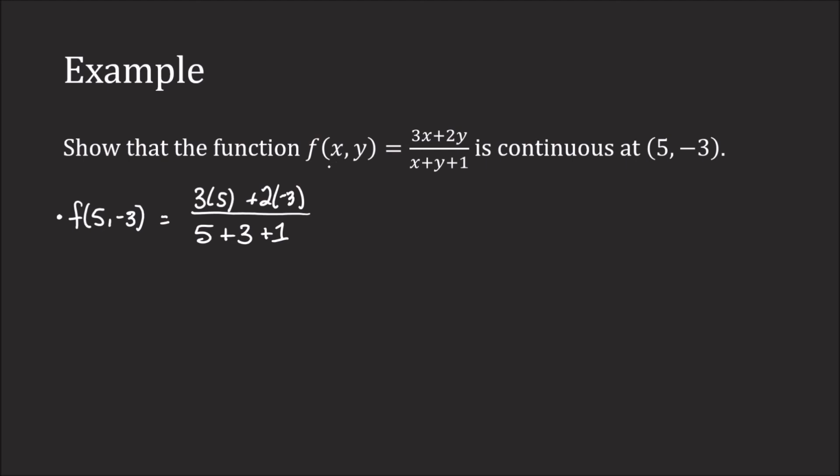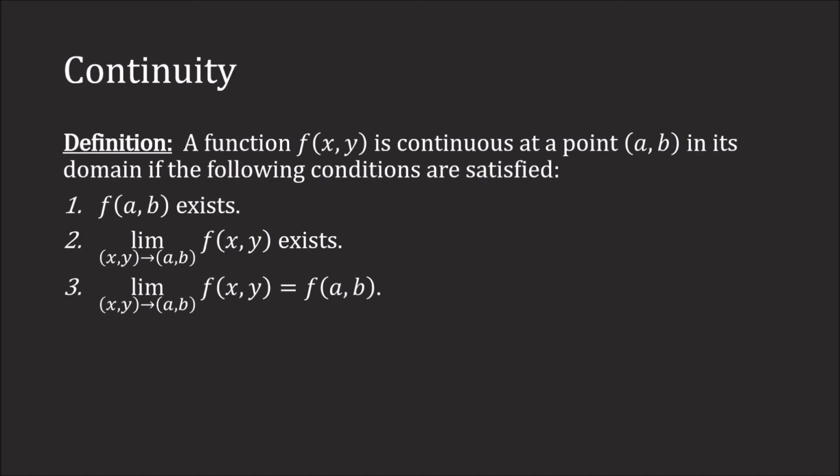So wherever you see an x, you're going to put in a 5. Wherever you see a y, you're going to put in a minus 3. So this will give us 15 minus 6, which is 9, over 3. So the value is 3. That definitely exists. So the first condition has been satisfied.